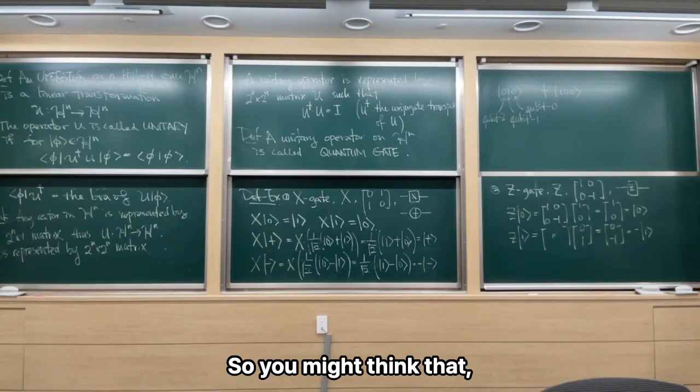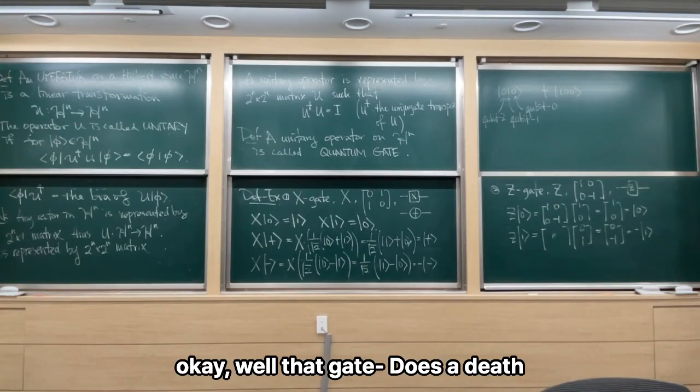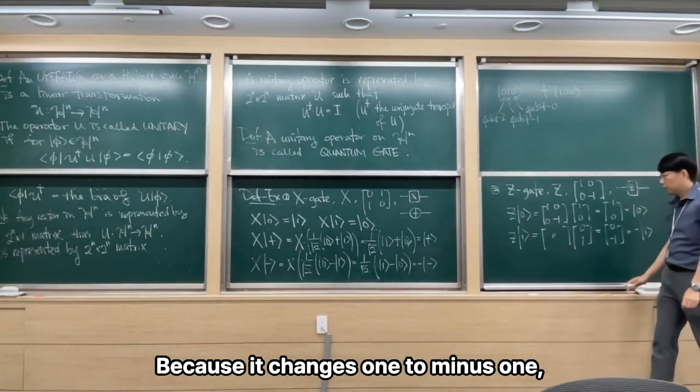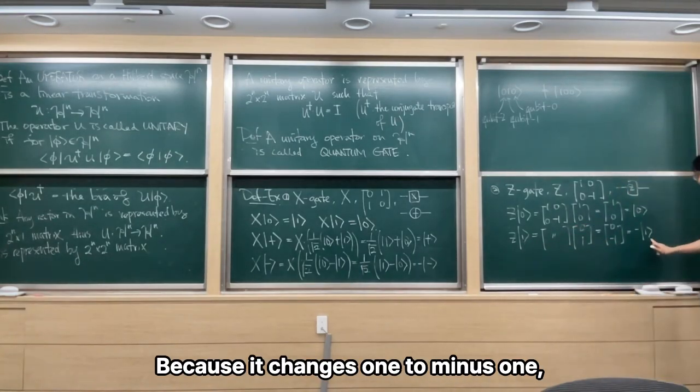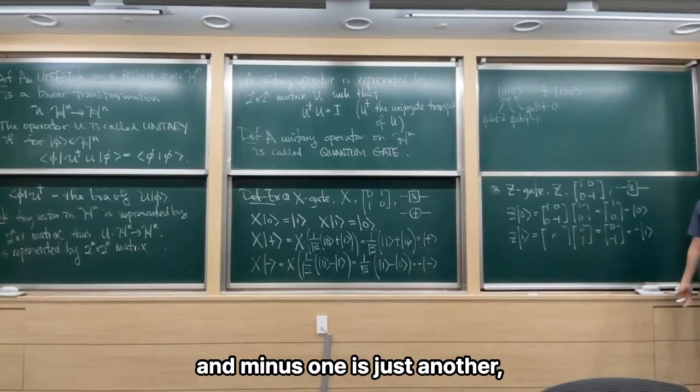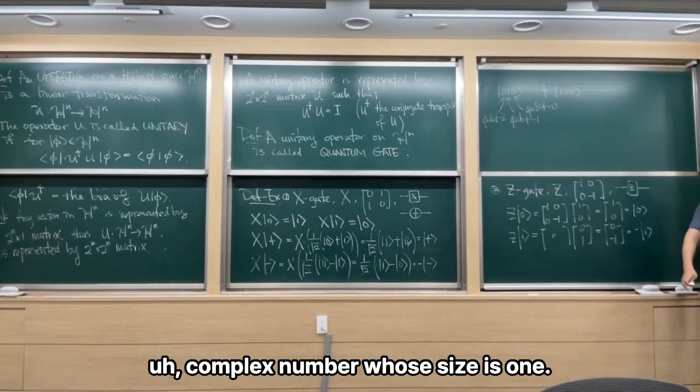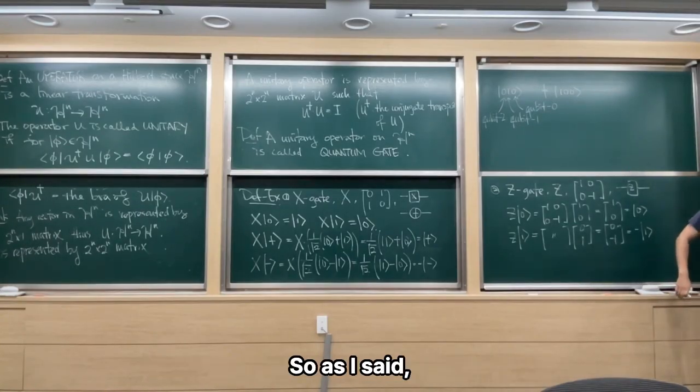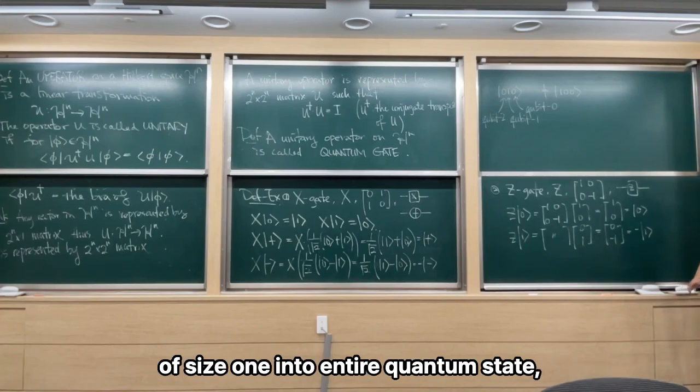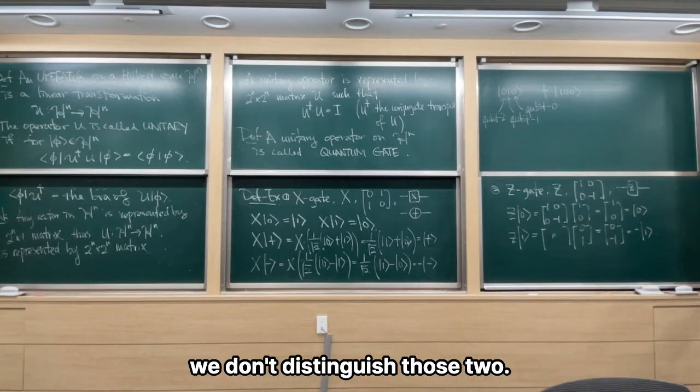So you may think that, okay, well, does that gate really do anything? Because it changes 1 to minus 1, and minus 1 is just another complex number whose size is 1. As I said, if you multiply a complex number of size 1 into the entire quantum state, we don't distinguish those two.